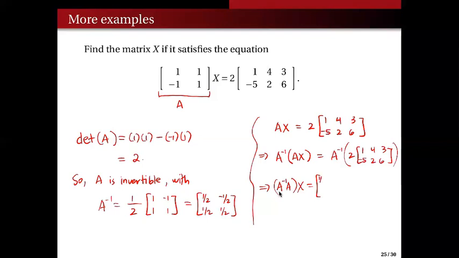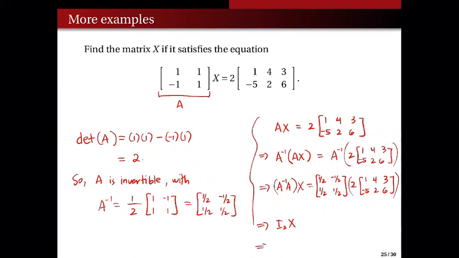For the right-hand side, let's write the matrix A inverse here. So you have 1 half, negative 1 half, 1 half, and then 1 half here. And then you have 2 times, again, the matrix 1, 4, 3, negative 5, 2, 6. And remember, A inverse A is just the identity matrix. So you just have I2 times X, because you have a 2 by 2 matrix here.